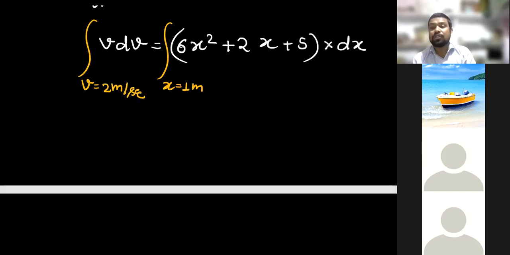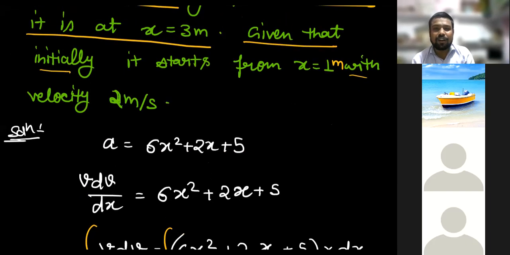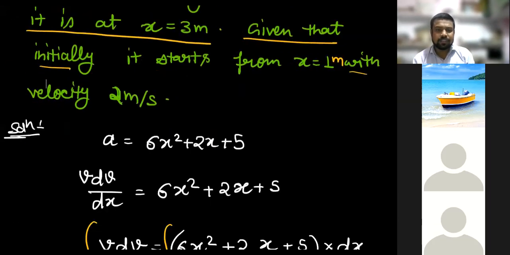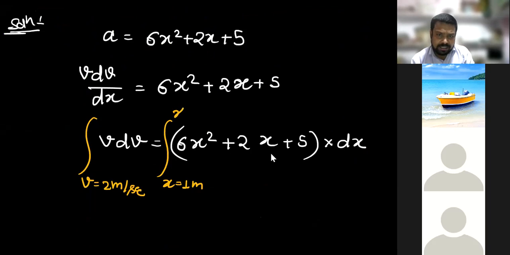And the question asks what is the velocity of the particle at x equal to 3 meter. So at x equal to 3 meter, velocity is v.